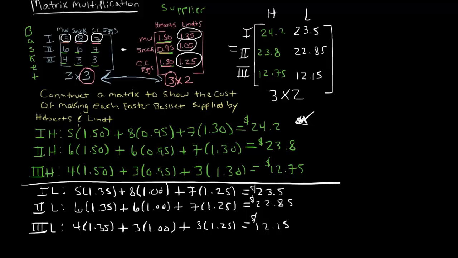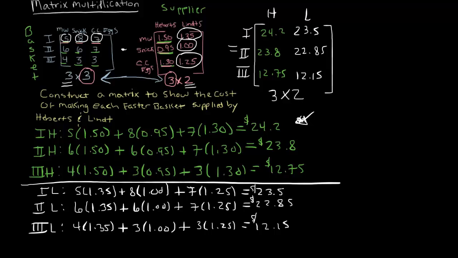And that is precisely how many rows we have in the first matrix and how many columns we have in the second. So that is not an accident. This is just an informal example of why matrix multiplication has the rules it does.